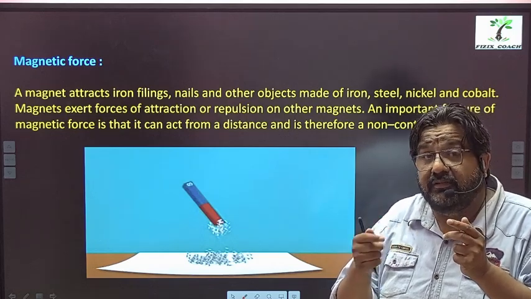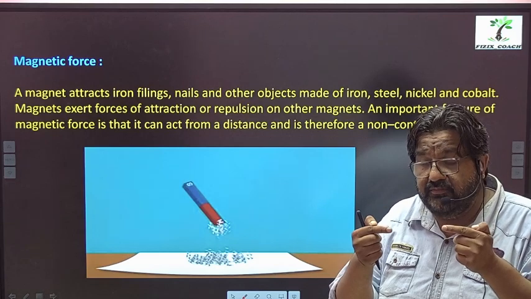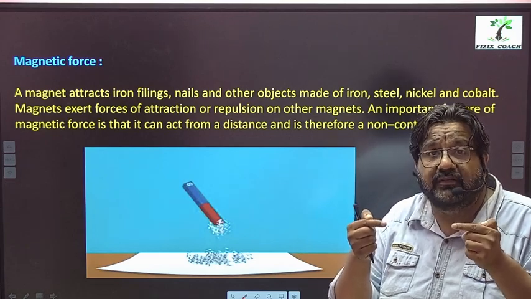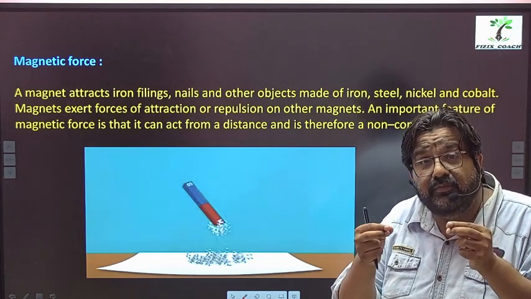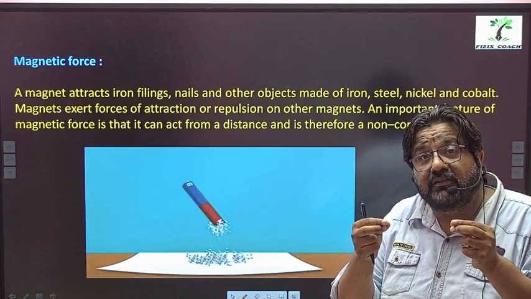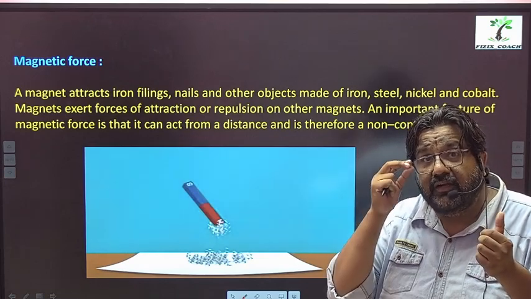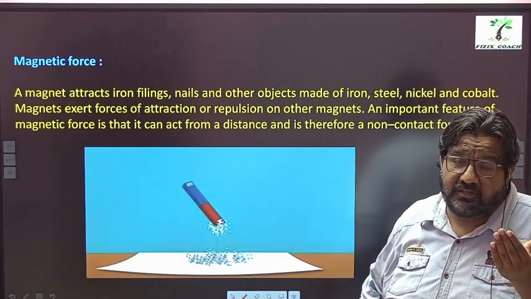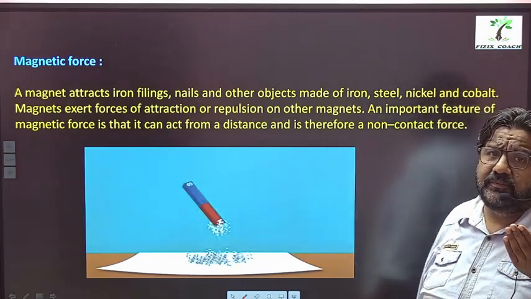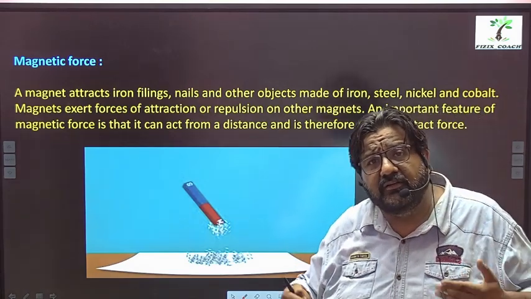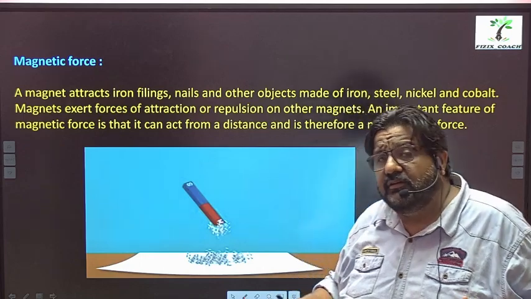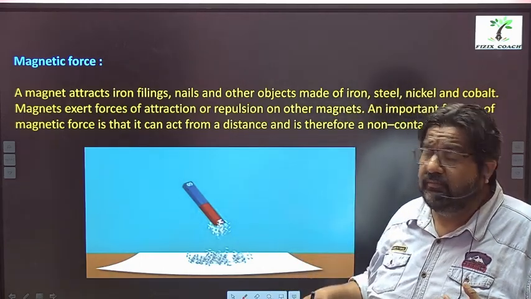Another example, you can take two magnets, and if you keep their opposite poles together, then they will attract, and if you place the same poles nearby each other, then they will repel, right? So this is the force which is applied due to the magnetic field, or you can say magnets. They are called magnetic forces.